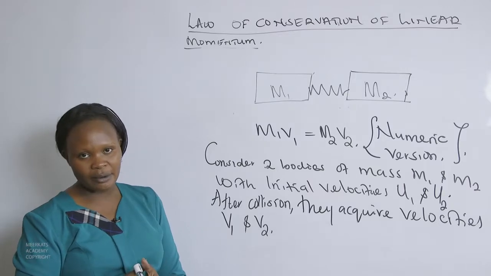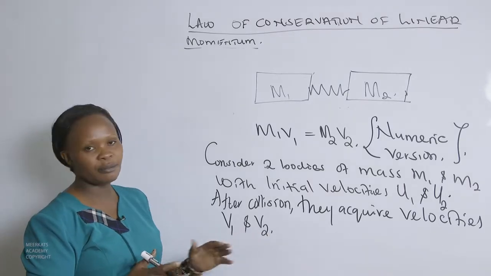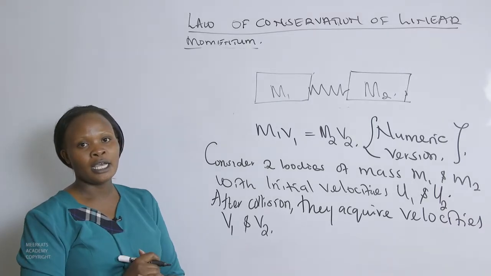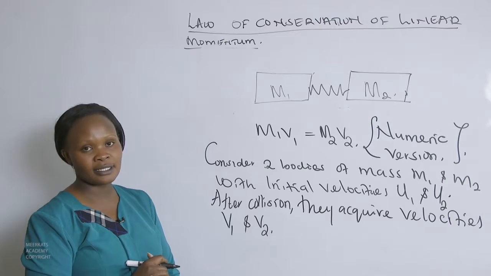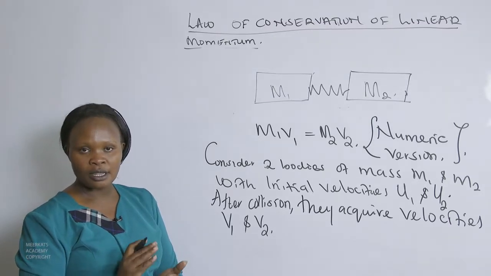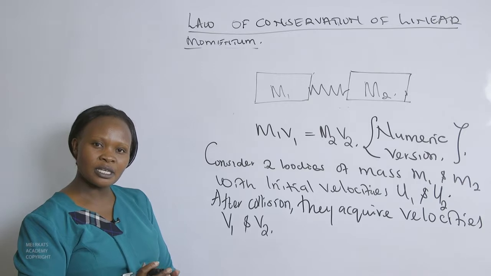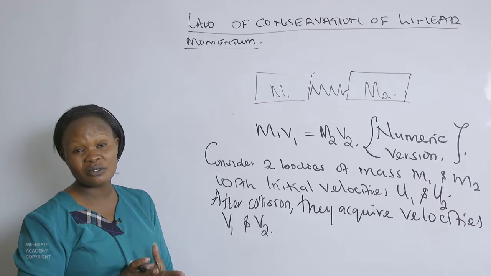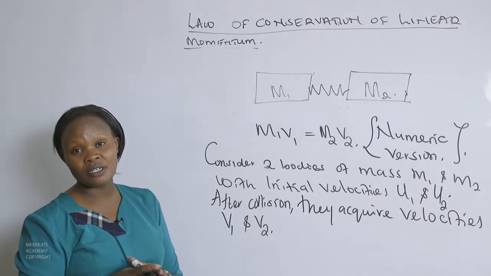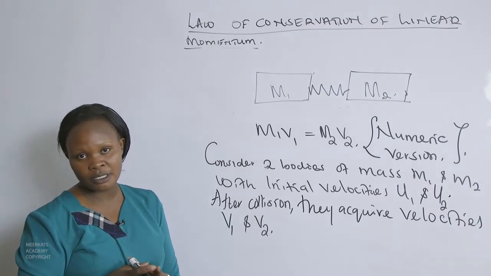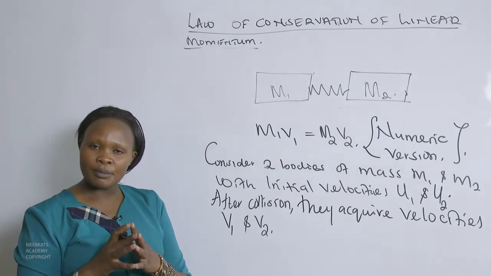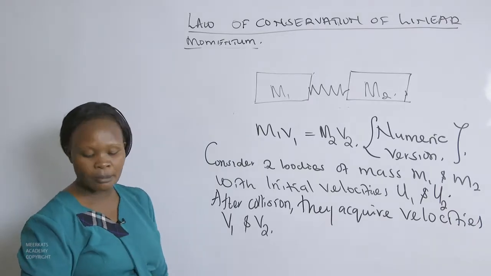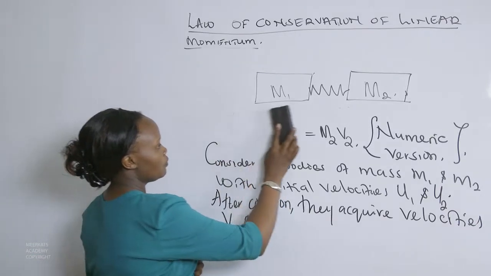We are asking ourselves, is there a possibility of conserving momentum in this case? And the answer is yes. Whatever happens, even if you consider one body which fragments into different parts with different momentums for each fragment, then momentum before collision will always be equal to momentum after collision.